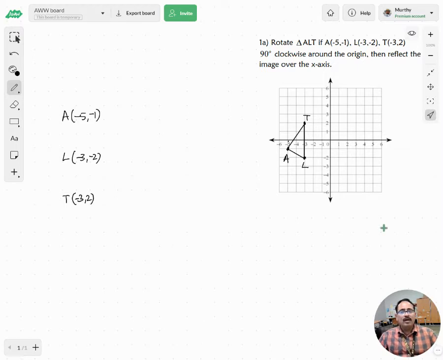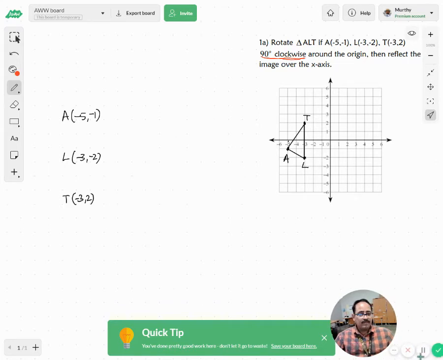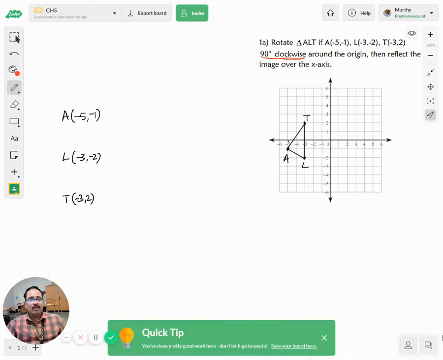Okay. First, I see that it is rotated 90 degrees clockwise. So we had a discussion that by default, we take counterclockwise. But in this question, it is given as clockwise.